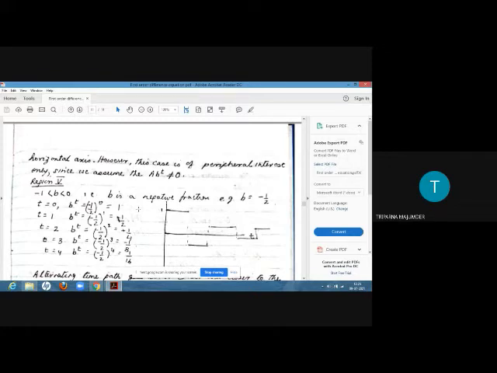So in this case, where the value of b is a negative fraction, we have b is equal to -half. When t is equal to 0, we start again from 1. When t is equal to 1, what happens? -half to the power 1 is -half.